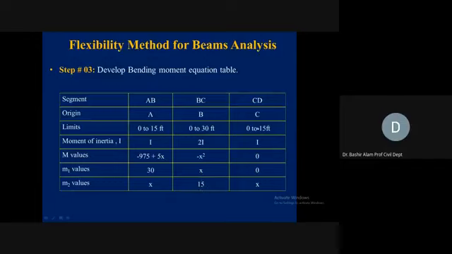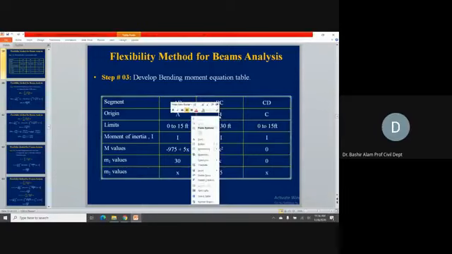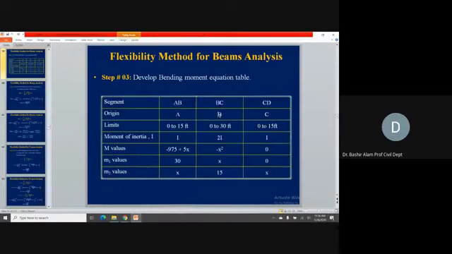For CD, which was the right side column, C was the origin 0 to 15. Not here, this is a mistake actually. Yesterday I pointed out here for BC the origin is C now. Somebody should be pointing these things out again and again. For here the origin was C. Let me see if I can correct this. This is C origin. And here the origin is D. Now this is correct.